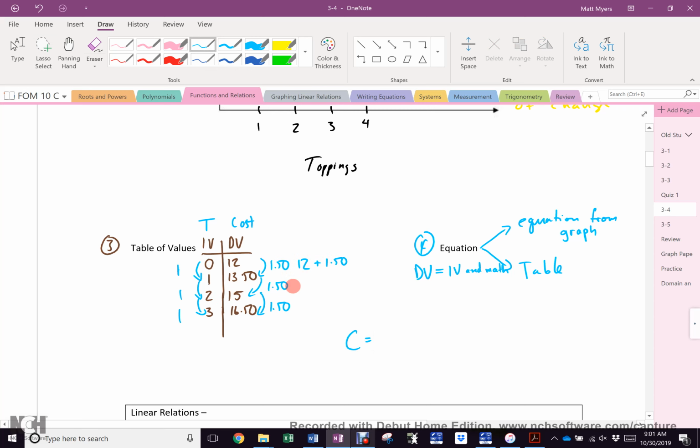And do I still pay $1.50? But how many times do I pay $1.50 now? 2 times. Agreed? What happens here? 12 plus $1.50 times 3, right? Everyone agree? What's the next one going to be? 12 plus $1.50 times 4, right? What's it going to be if I do T toppings?